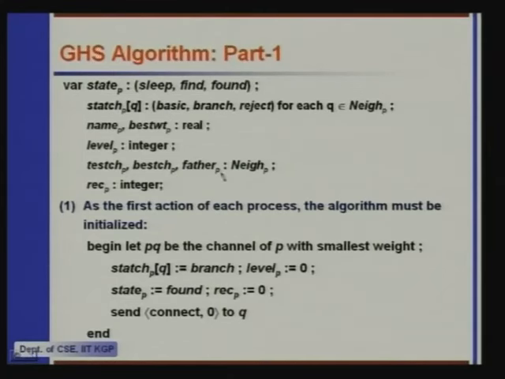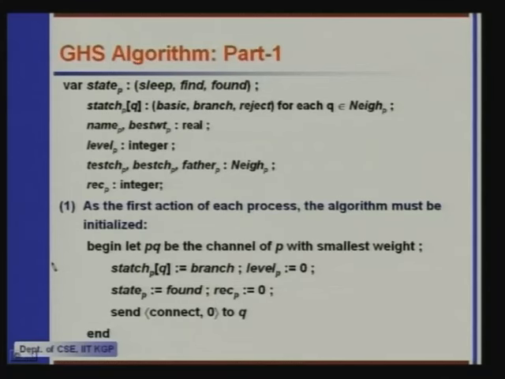And father P is the pointer pointing towards the core edge of the fragment, and rec P is a counter where we will count the number of messages received when searching for the best weight outgoing edge, okay. I will again reiterate at the point of time when we use that. You do not have to remember what each of these means right now. As you go through the algorithm, it will become fairly obvious how we are using this.